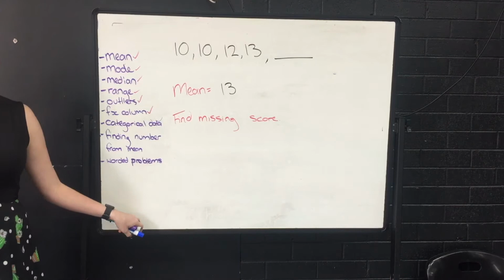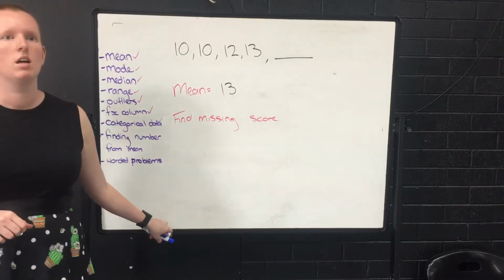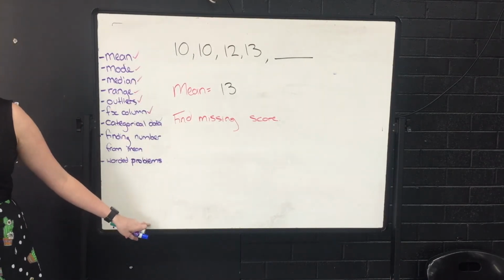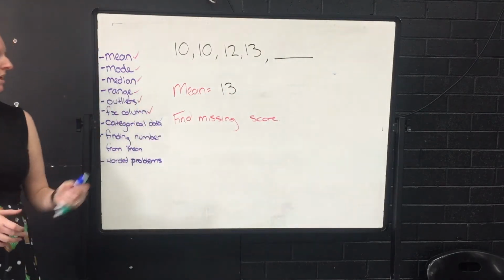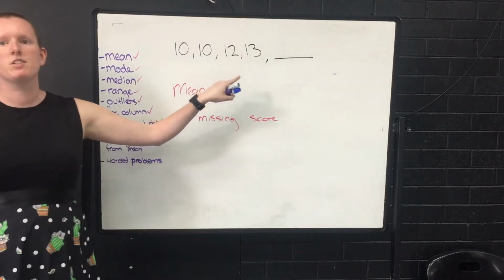So, I want to find my missing number again. I've got 4 scores, but I'm missing the 5th one. And it tells me that my mean is 13.